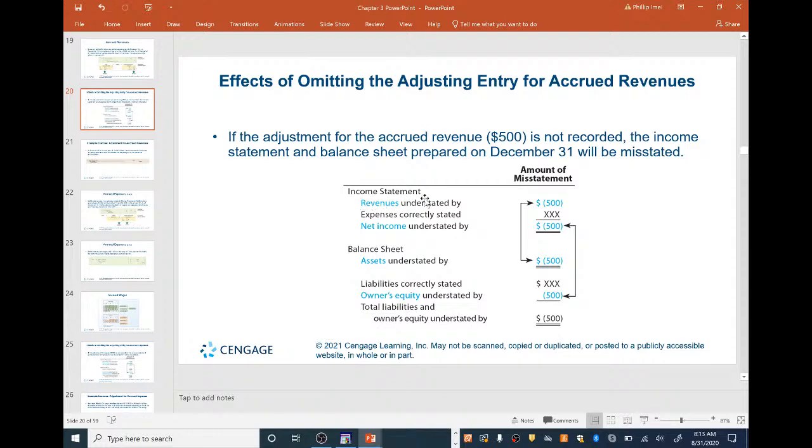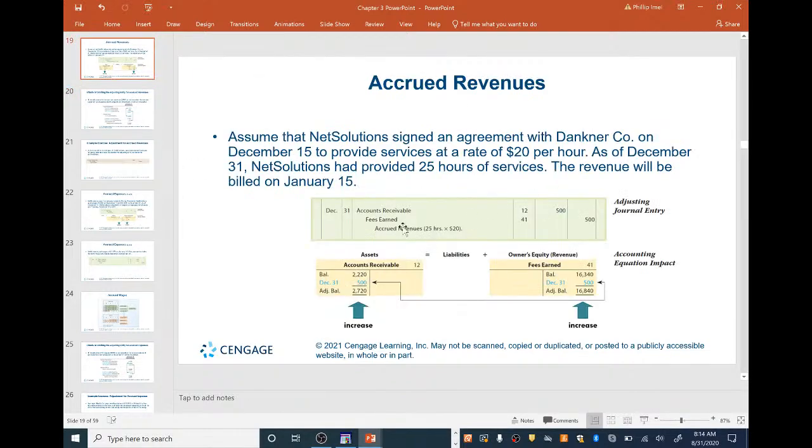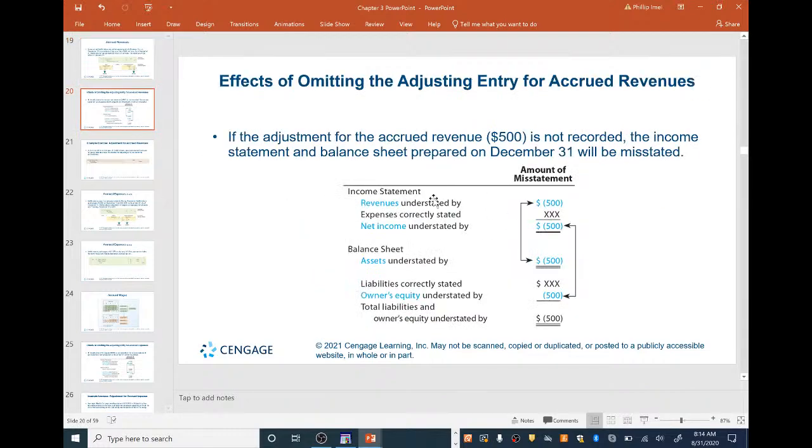Let's look at the income statement first. Remember, revenues is what we would be accounting for. We'd be accruing a revenue. So if we did not accrue the revenue, revenues would be understated by $500, right? Because we know this entry right here, when we credit fees earned of $500, that is increasing the revenue line item on your income statement.